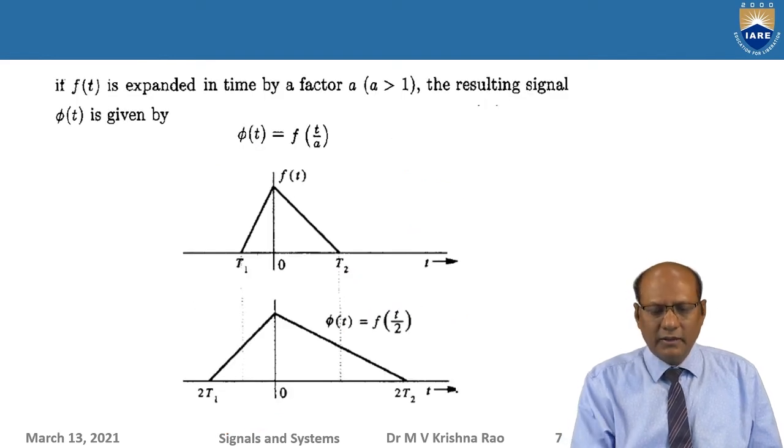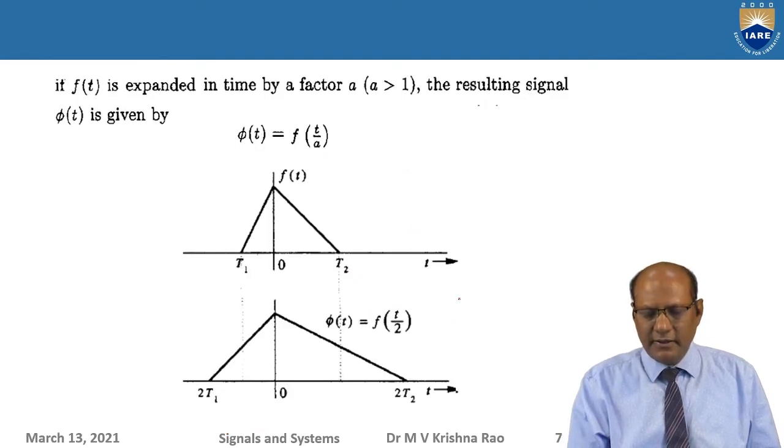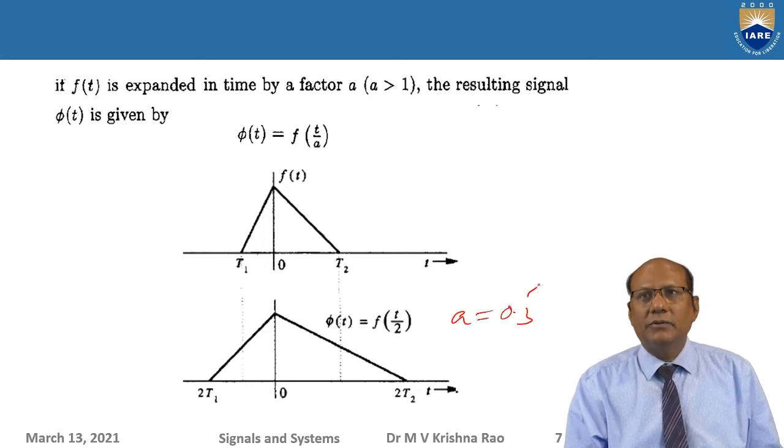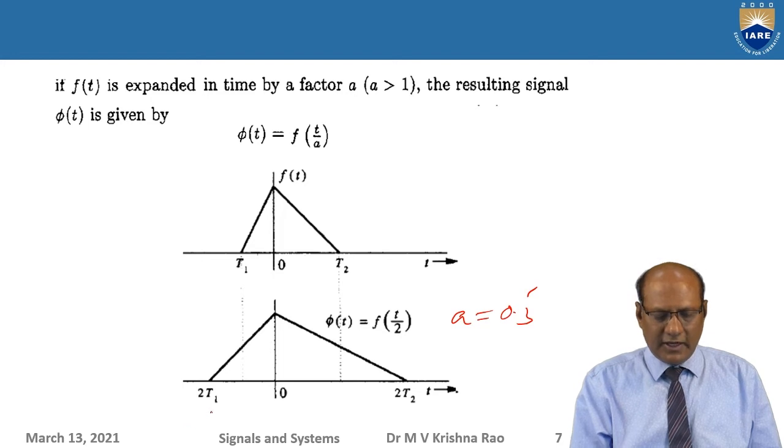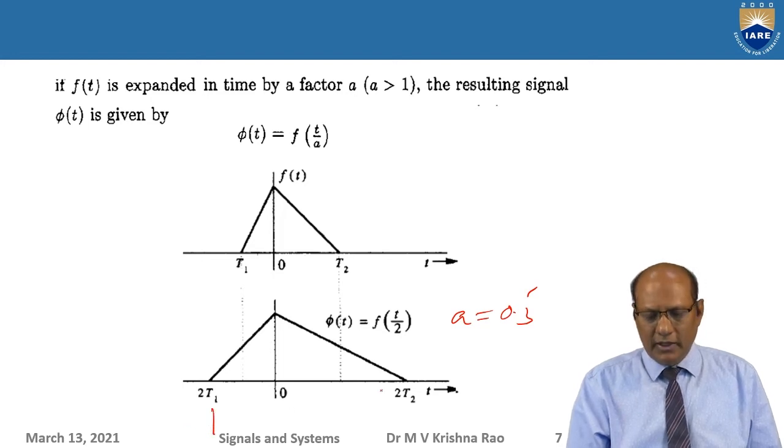Now, take the 1 by a case. Here, a equal to half, 0.5. That means 1 by 2 in this case. So, in this case, what happened? Here, the signal is expanding. Basically, the signal is expanding. T1 has become 2T1 and T2 has become 2T2. It has doubled.